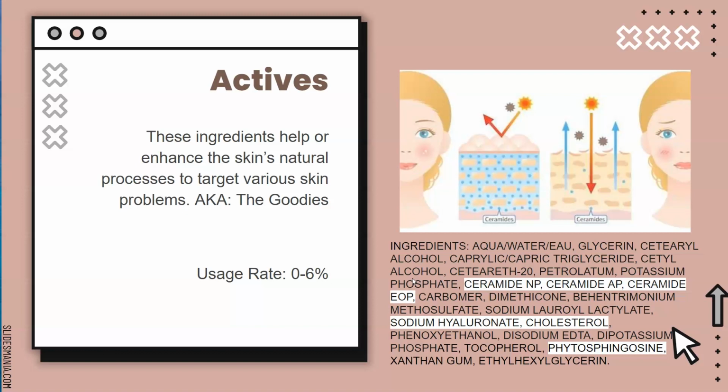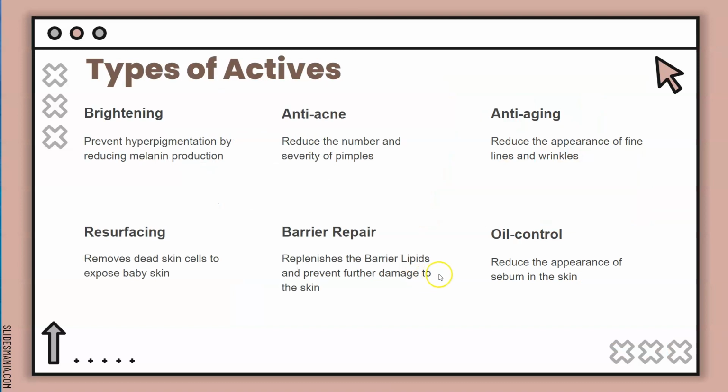For our sample ingredient list here, which is CeraVe Moisturizing Cream, the actives that they've chosen are ceramide NP, ceramide AP, ceramide EOP, sodium hyaluronate, cholesterol, and phytosphingosine. So it depends on the type of active, or it depends on the problem that you want to target. Let's say, for example, you want to target spots, then there are actives for that. Actually, there are actives for pretty much everything.